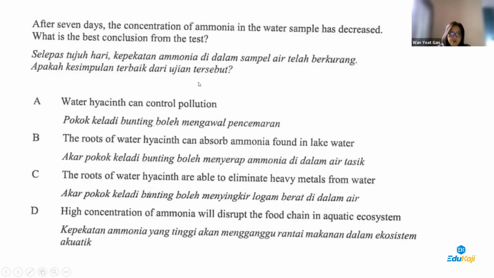What is the best conclusion from this experiment? So here the ammonia has been eliminated from the water, which means that the roots of the water hyacinth can absorb ammonia found in the water. So this is a method of phytoremediation.